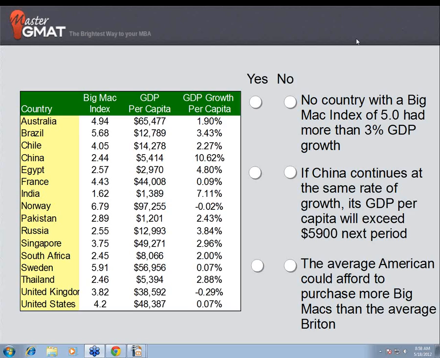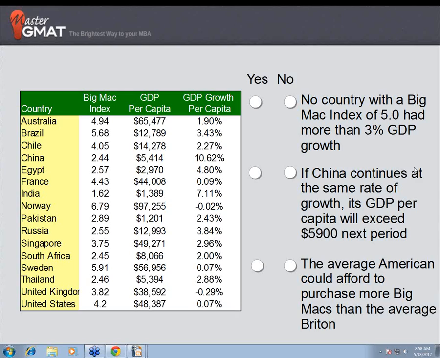So we got quite a bit of questions coming in about the first portion, which is that the question doesn't seem to mention higher than 5.0. So should we focus only on those countries that have the Big Mac index of exactly 5.0, or do we indeed look at the ones that are greater than 5.0?